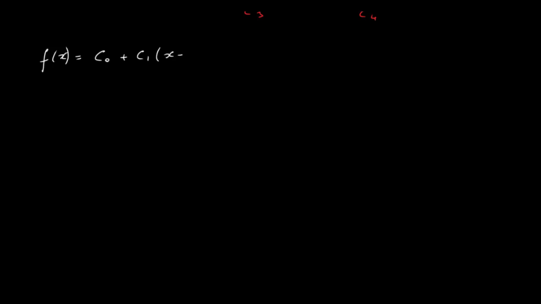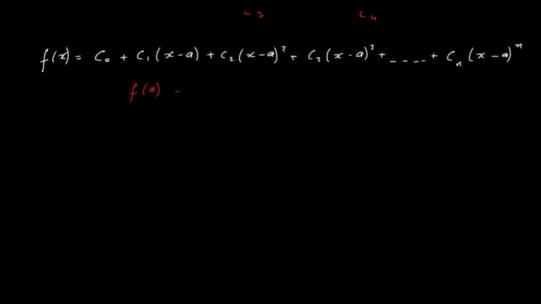This time, instead of x, it's going to be x minus a, plus c2, x minus a squared, plus c3, x minus a cubed, and so on, all the way out to cn, x minus a to the power of n.